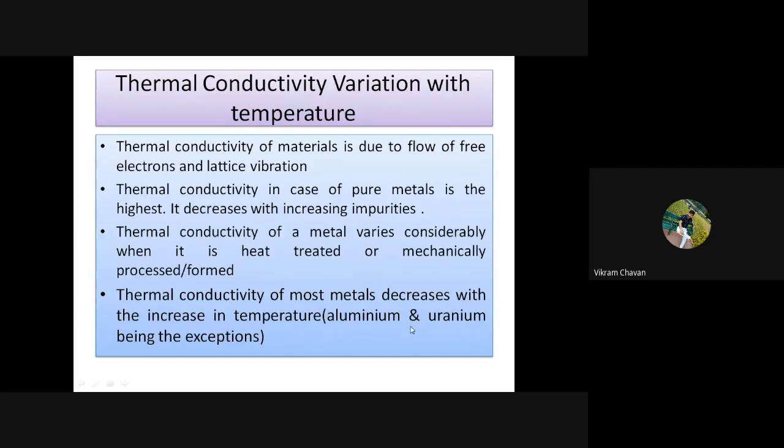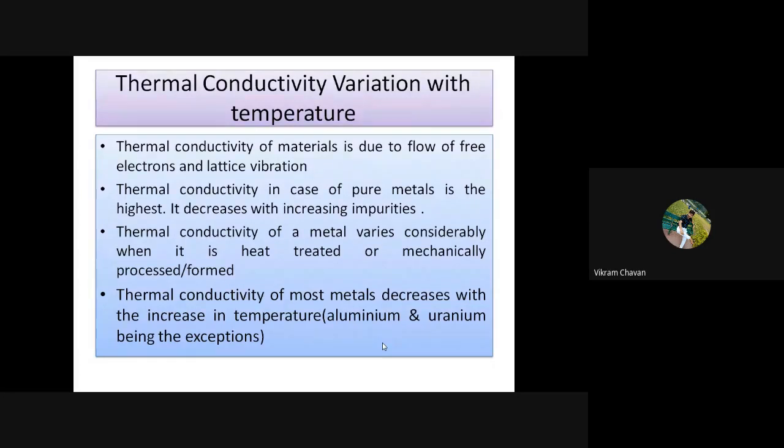So these two metals are exceptions. In all other metals, thermal conductivity decreases with increasing temperature. Why is it happening? The answer directs us to the main concept: why heat is transferred in metals.